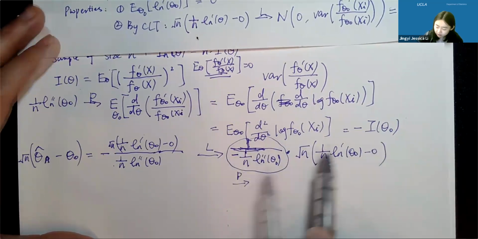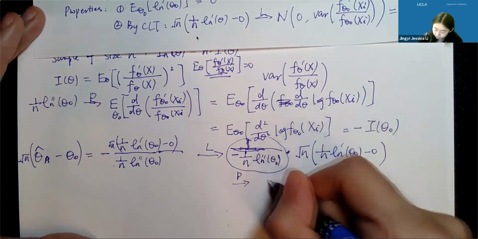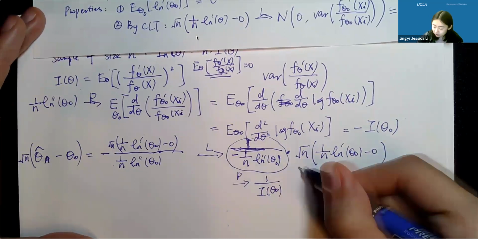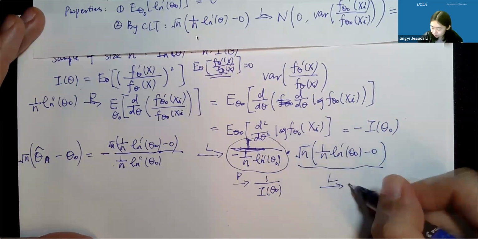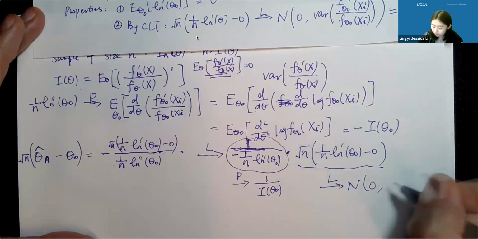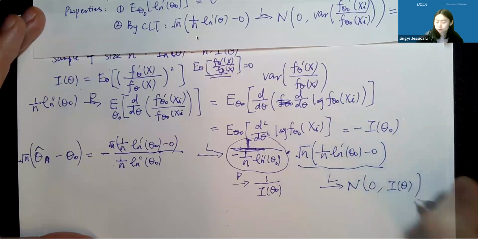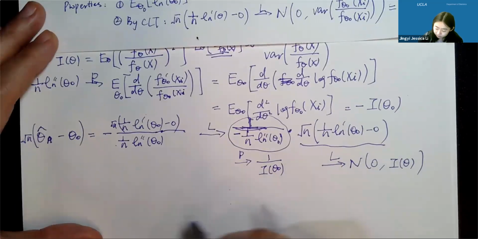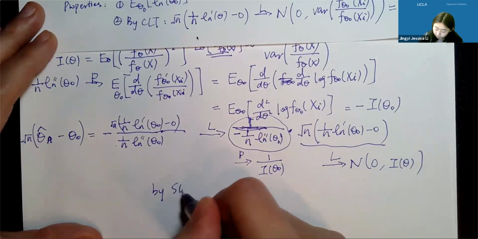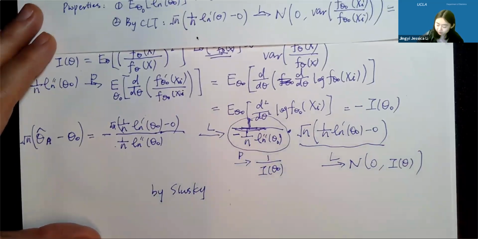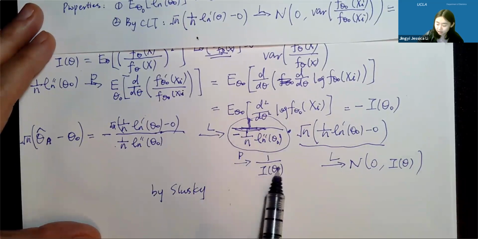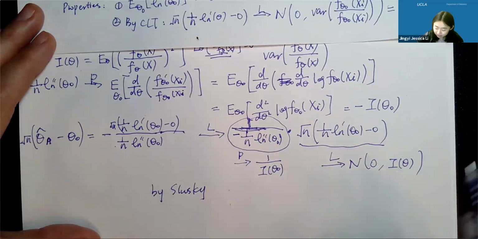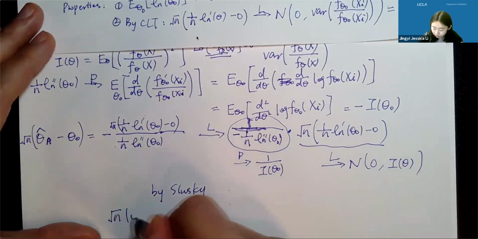And this term converges in law to a normal distribution with mean 0 and variance Fisher information. So putting together by Slutsky, this is a constant coefficient, which will enter as a square into the variance term. By Slutsky, we have our final result.